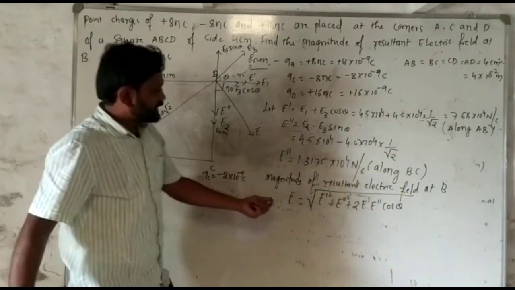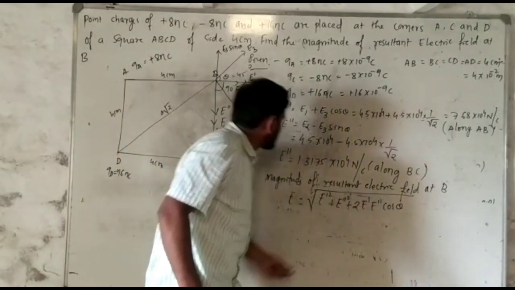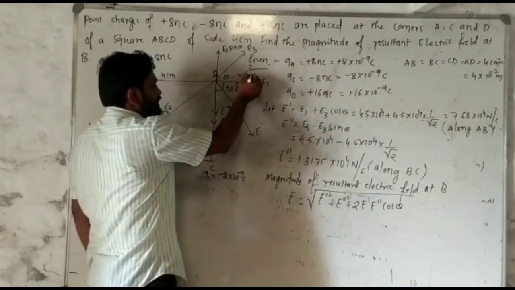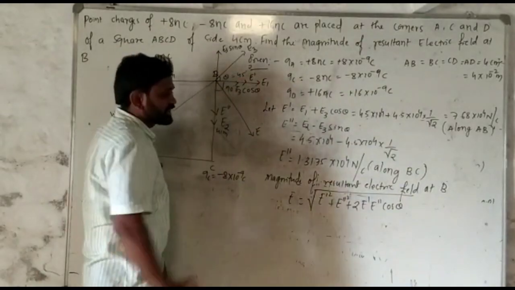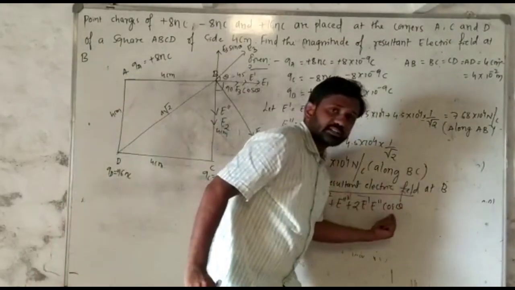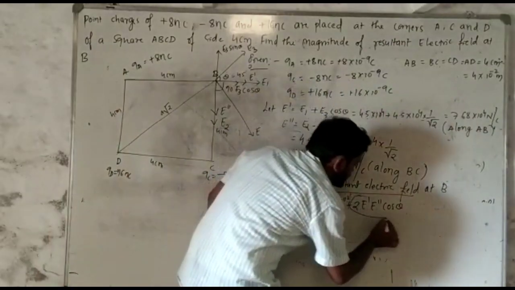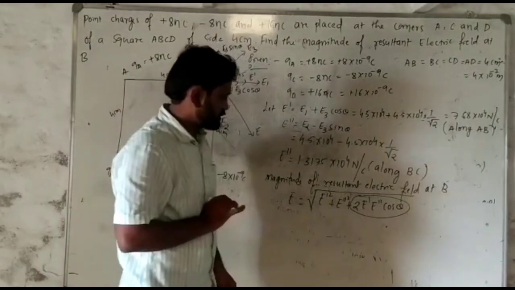Theta is the angle between E dash and E double dash. What is the angle between E dash and E double dash? That is 90. What is cos 90? 0. That's why this term becomes 0.